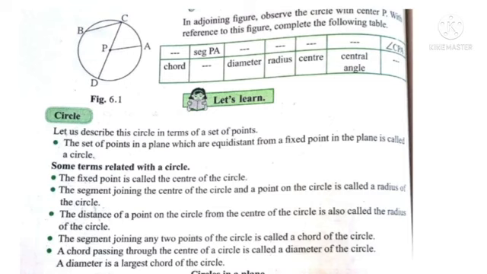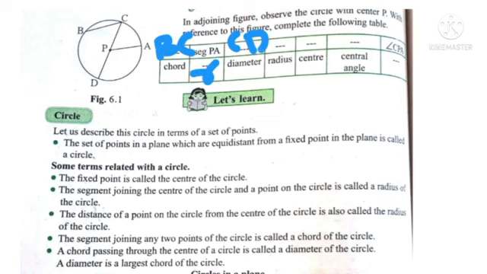Then here one activity is given. See what is the chord in this circle. Name the chord of this circle. Chord is here BC. BC is the chord. Then segment PA is radius. What is the diameter here? CD is the diameter.